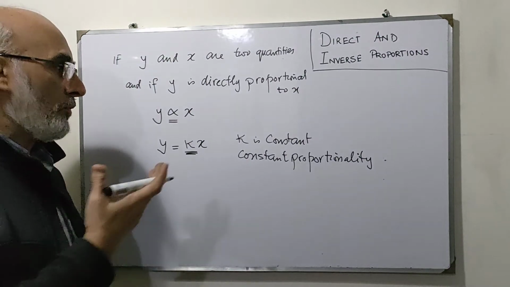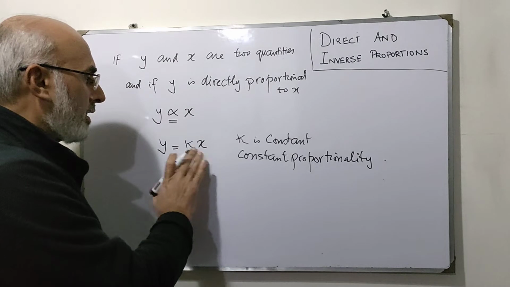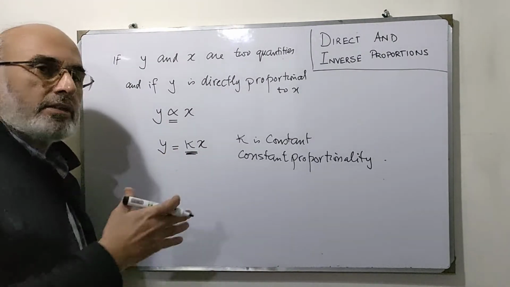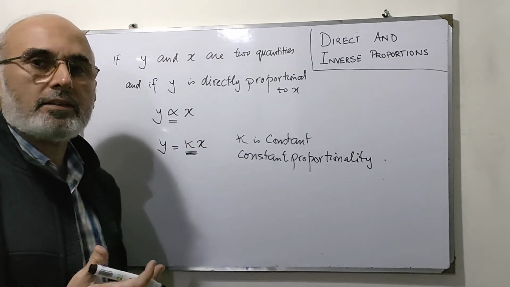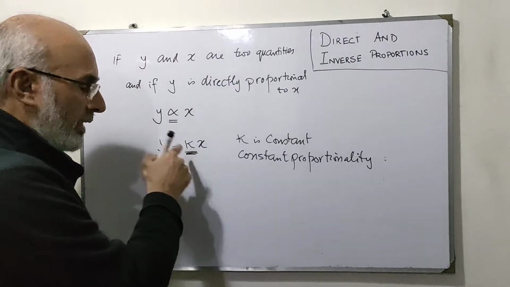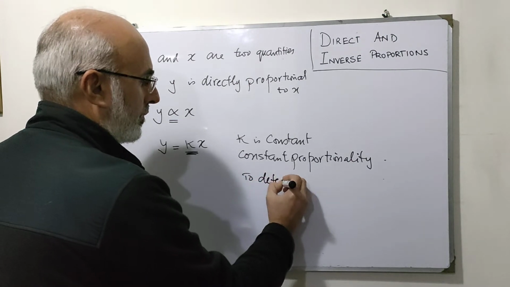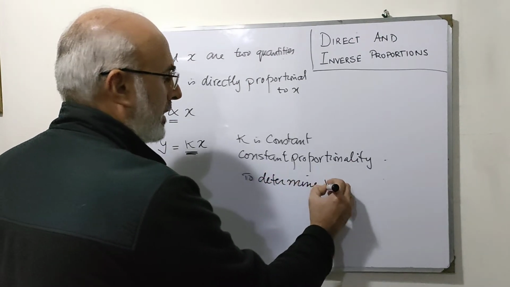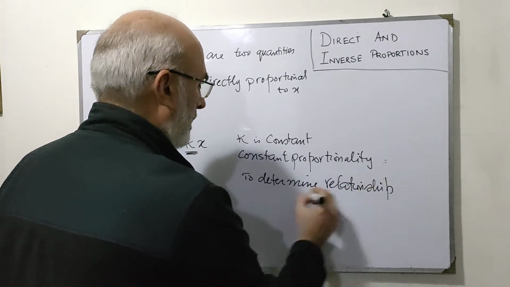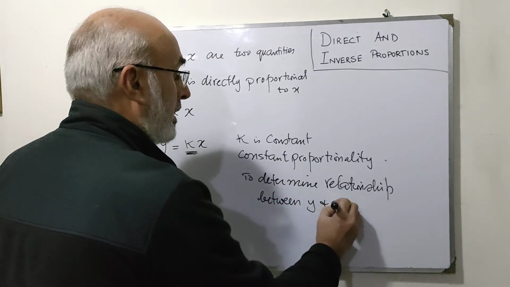Why do we need this constant? It's because it is not necessary that y is increasing at the same rate as x is increasing. So this constant is basically here to determine the relationship between y and x.